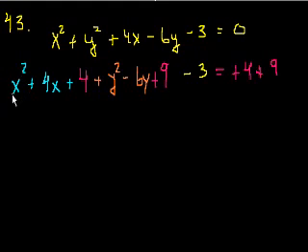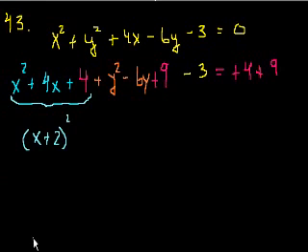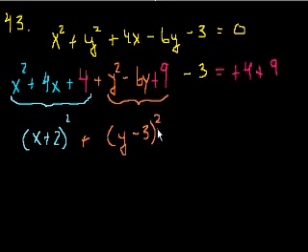All right, now let me rewrite this. I added this plus 4 here for a reason, so that I could make this into x plus 2 squared. And then plus, I added this plus 9 here for a reason, so I could make this y minus 3 squared. And then let me just keep the minus 3 there for now.